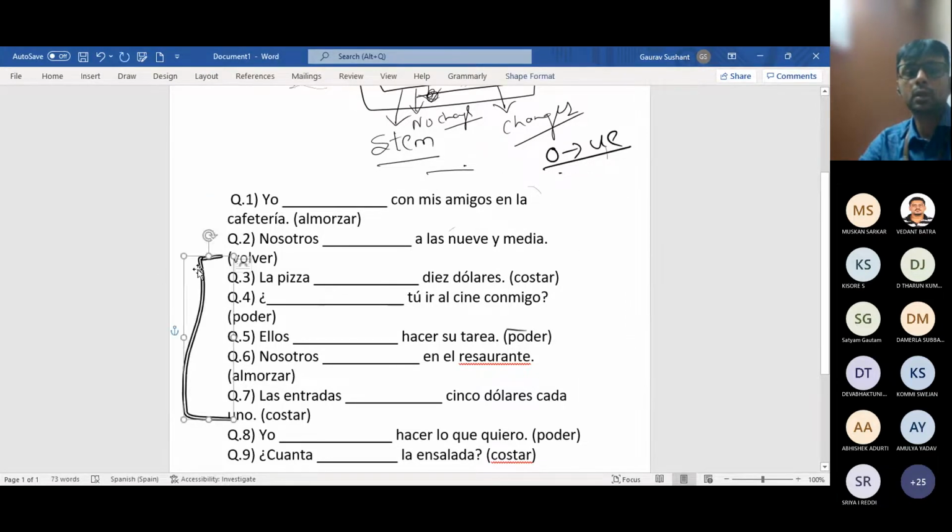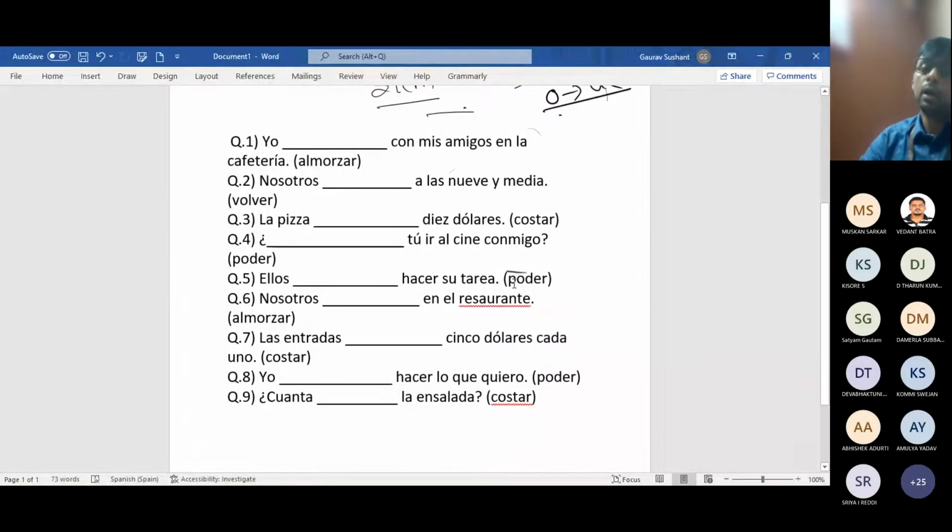And please try to understand this concept very clearly. If you have understood the concept, it will not be a problem.